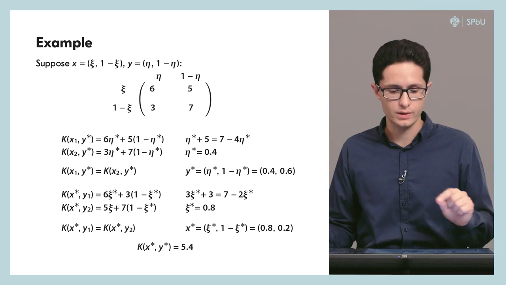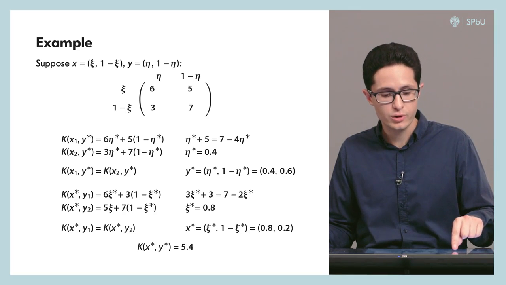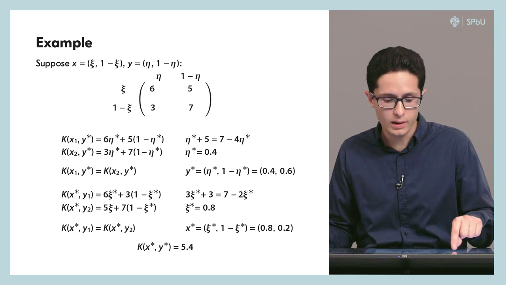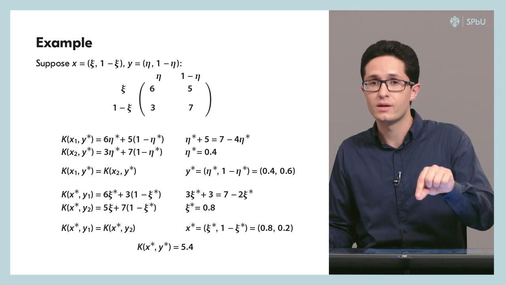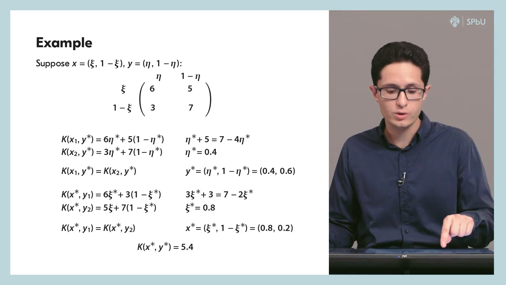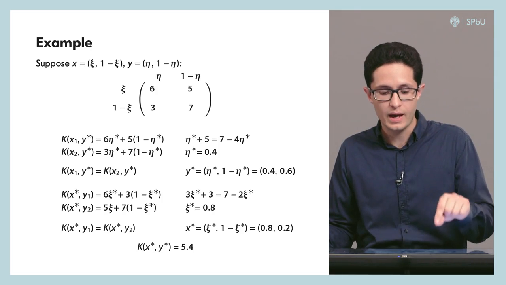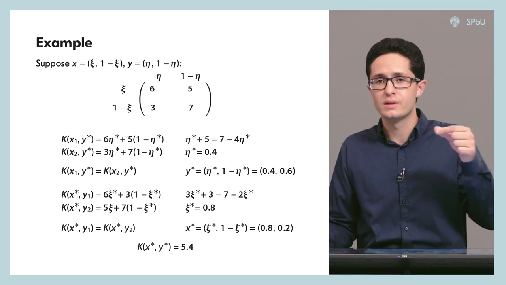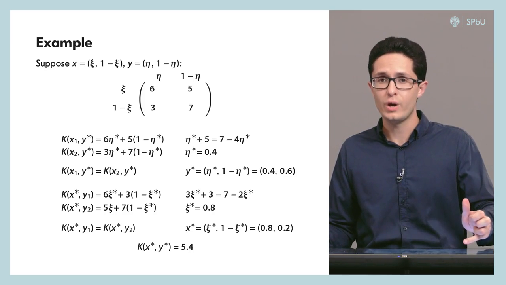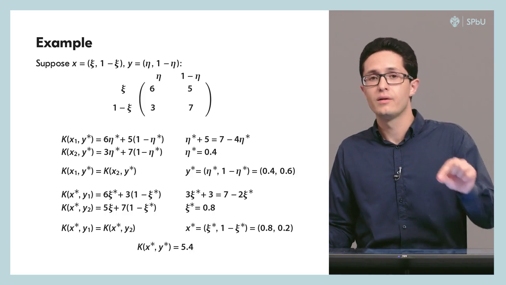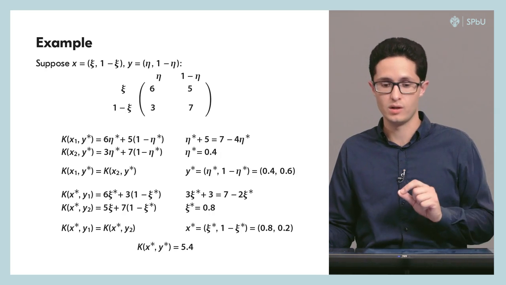The first equation tells us that the payoff of the first player when the first player chooses the first pure strategy x1 and the second player uses strategy y star from the saddle point is equal to the payoff of the first player when the first player uses the second pure strategy x2 and the second player uses the same strategy y star from the saddle point. From this equation, we can find the strategy y star of the second player from the saddle point.